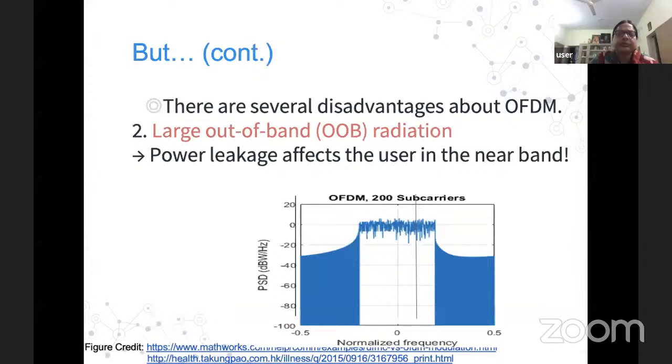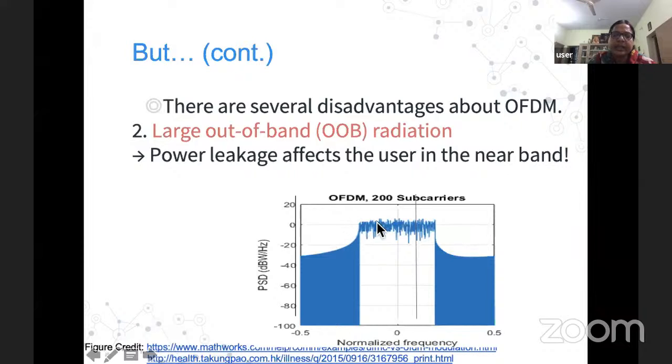There are other disadvantages of OFDM as well. That is, there is a large out of band radiation. The power leakage affects users in the near band.